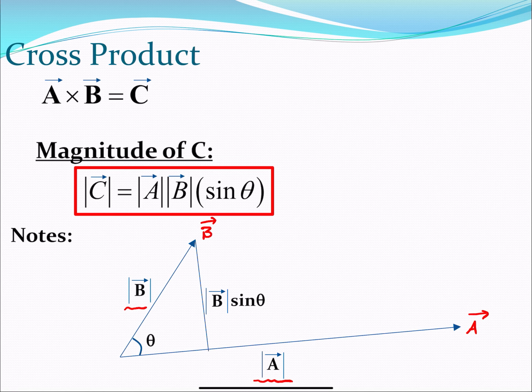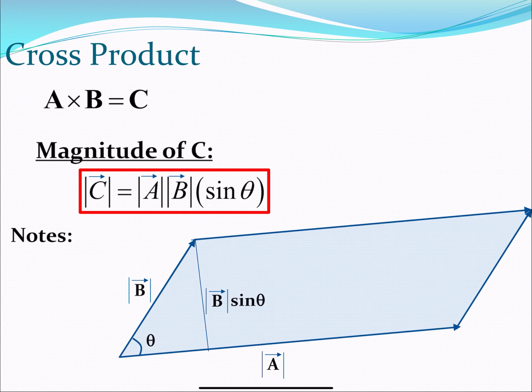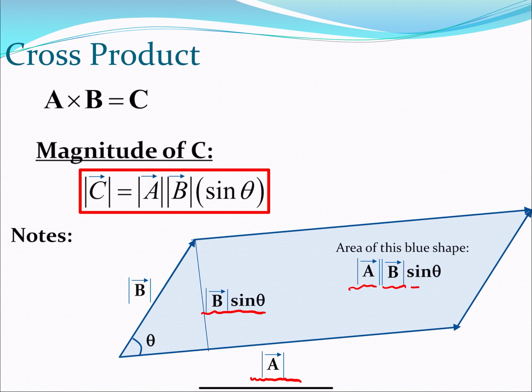If we make use of the parallelogram rule and define a parallelepiped, a kind of rectangular shape, the area of this blue shape will be base times height. The base is this one, and the height of that shape is this one over here. So the area of the blue shape is equal to the magnitude of A times the magnitude of B times the sine of theta.